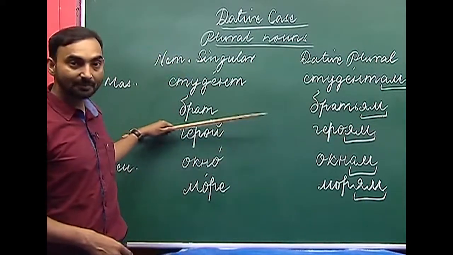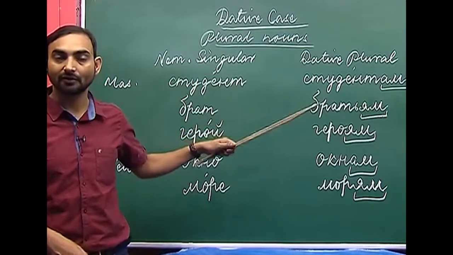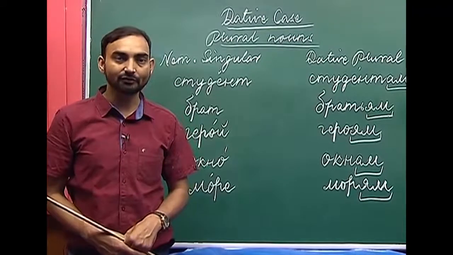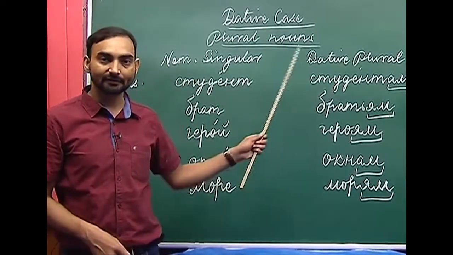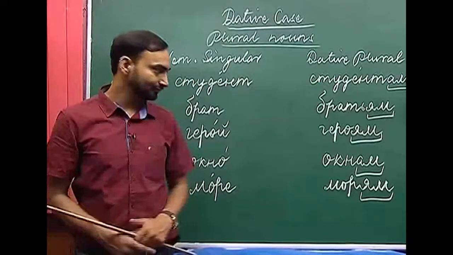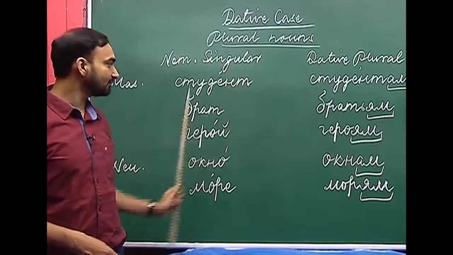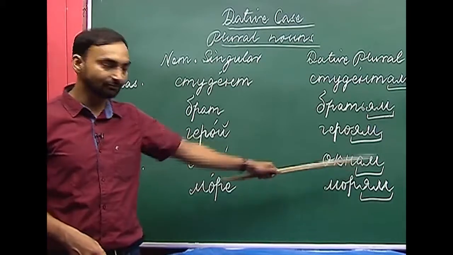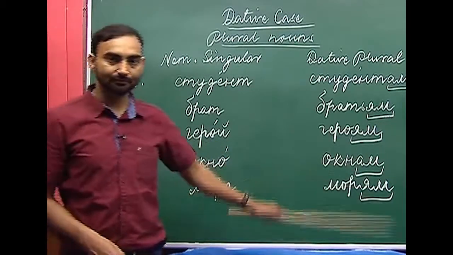Brat is an exception because it has an irregular plural. So, before making its dative plural, you have to first remember its nominative plural, and that is how we change its form into the dative plural. So, student, studentam, brat, bratyam, giroi, giroyam, akno, again am, more, moryam.